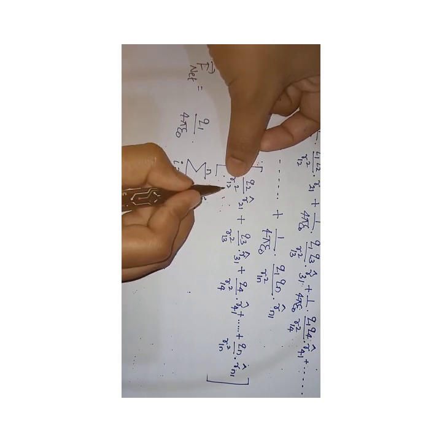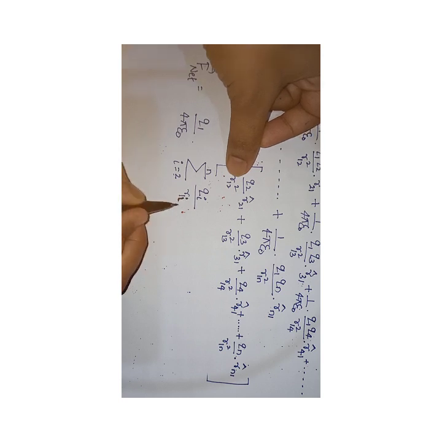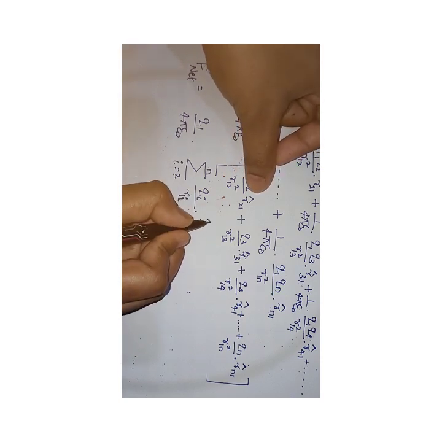And in place of this second term, 2, 3 it is, so starting from 2, here also 2. So here what you will write? I. This is I. Into, look at this unit vector.